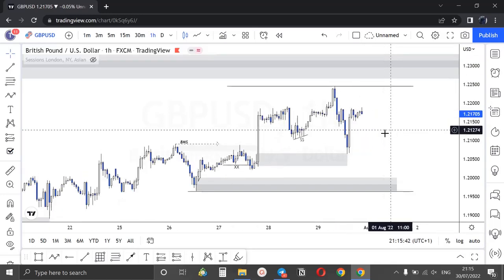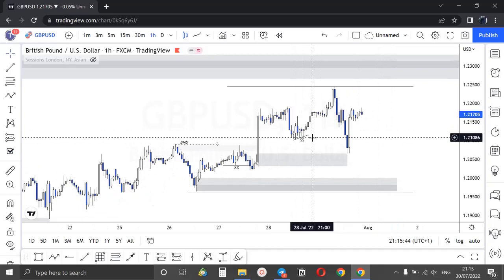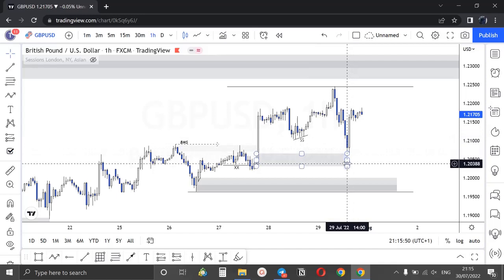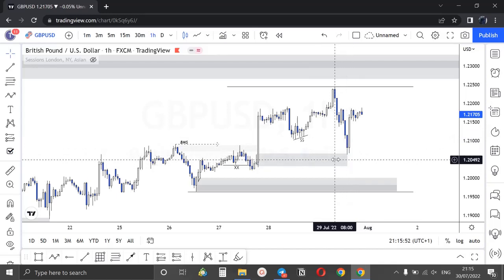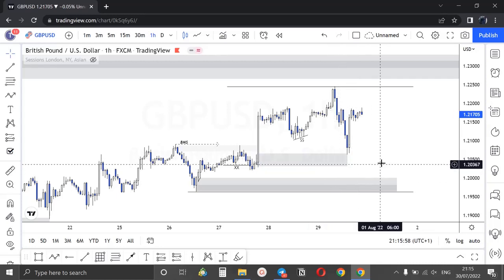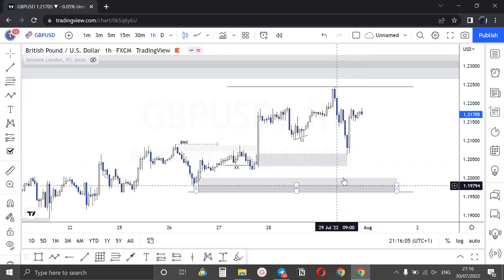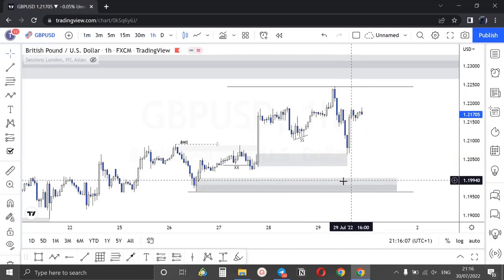So right here I'm seeing this as an inducement, and probably price pushes down to come back and fill up this area very nicely, break structure on the lowest time frame, then I can take my buy. But if they sell down and take out this demand zone, then potentially I should be looking forward to this area.